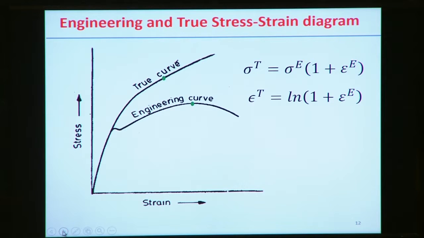Now when you represent the stress strain diagram of a specific material, in most cases we obtain the engineering stress strain diagram, in the sense that we are using the engineering stress and engineering strain, which take into consideration the initial or original length or original cross section to calculate the stress and strain values.